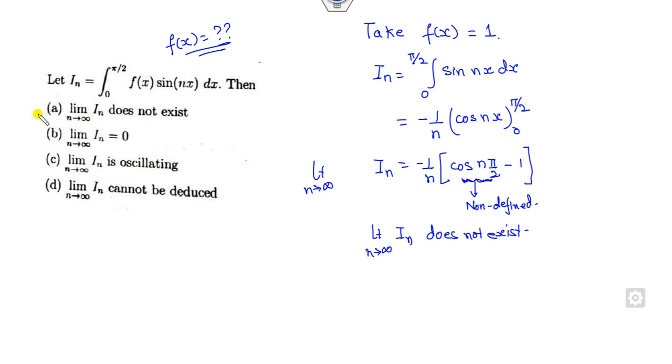So limit does not exist is the right answer. Remember, it is a very important concept because it is not defined at infinity. You can't say it is an infinity over infinity form, because it is the cos of infinity, and you can't define the cos of infinity. Therefore the limit does not exist.